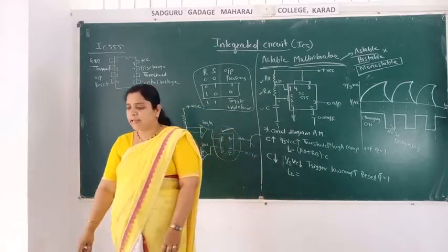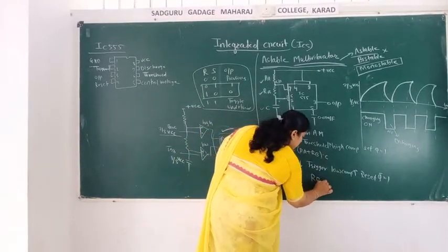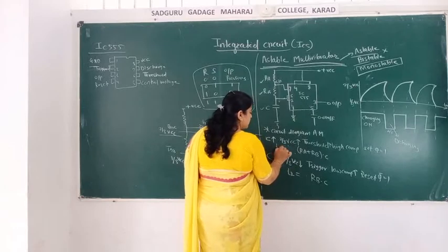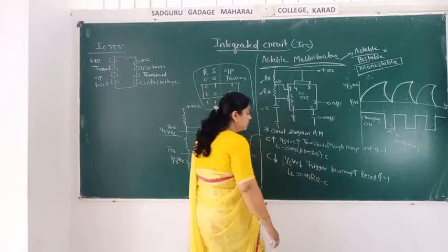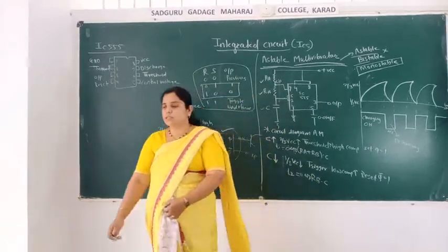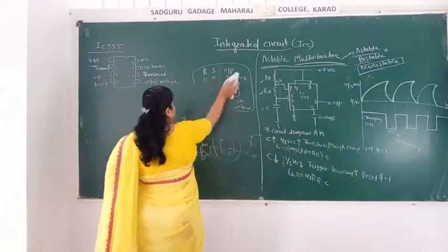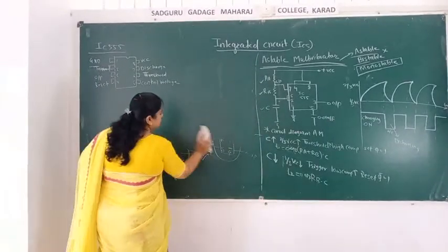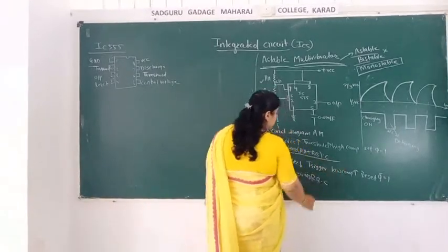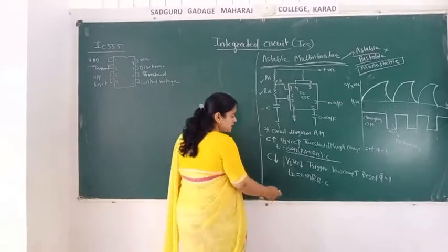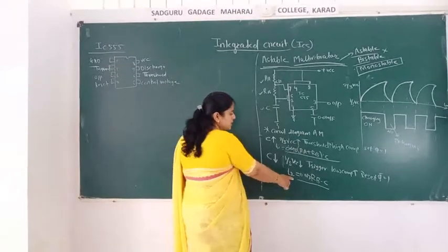So T1 and T2 depend on RA, RB and C, with a constant value of 0.693. The discharging time depends only on RB and C, so it is 0.693 RB into C. For charging of the capacitor, the time required is 0.693 (RA plus RB) into C, and for discharging it depends only on the value of resistor RB, so it is 0.693 RB C.